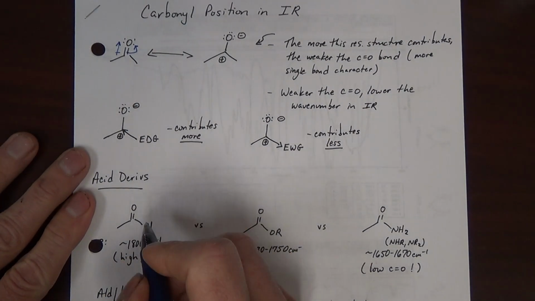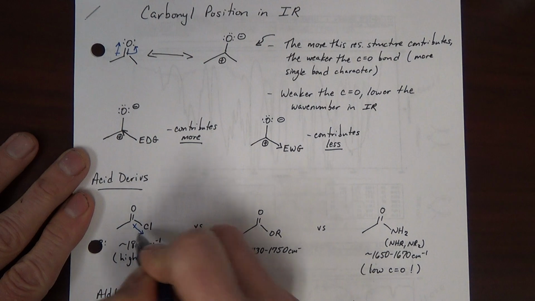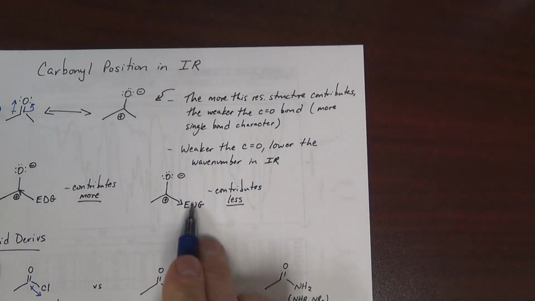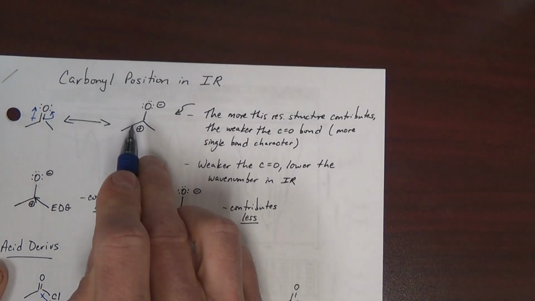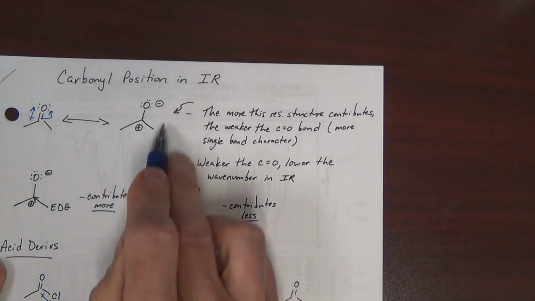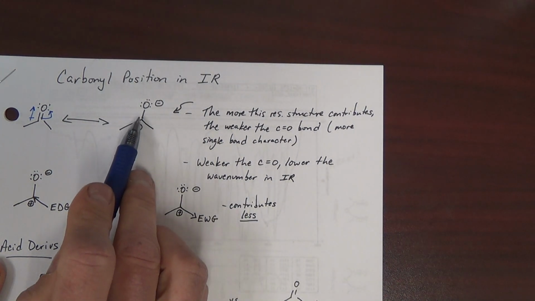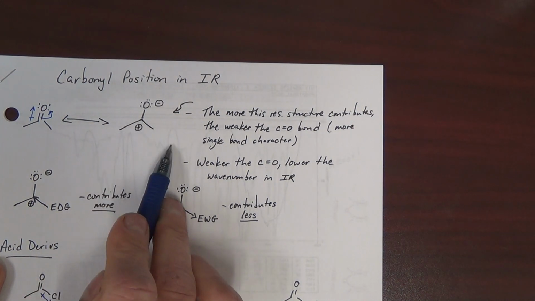Why? Because the chlorine is a net withdrawing group. That's analogous to this here. And with a withdrawing group there, this resonance structure is going to contribute less because the molecule doesn't want to develop a lot of partial positive here if there's a chlorine here withdrawing.